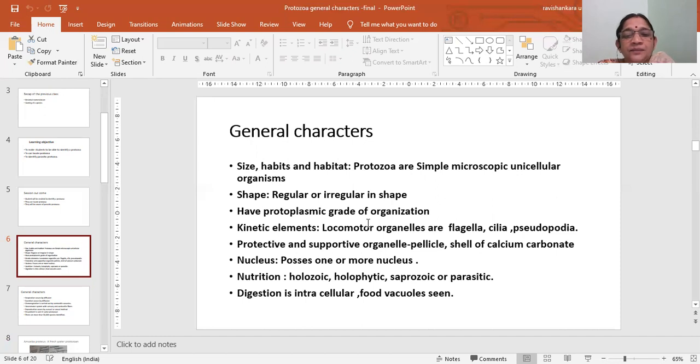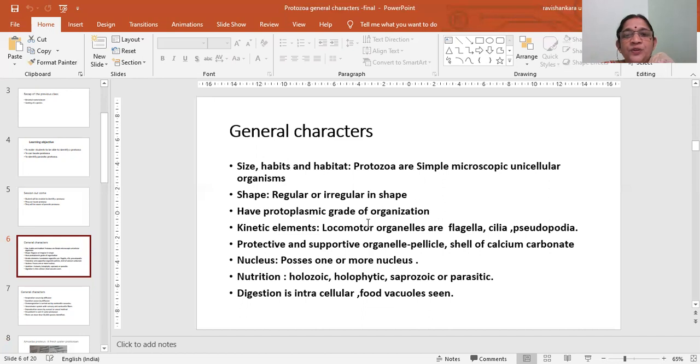They have a cellular grade of organization, as we have mentioned. When we talk about the cellular grade, the cells contain protoplasm. All the functions of the body of the animal are dealt with by the protoplasmic organization. Hence, we say they have a protoplasmic grade of organization.